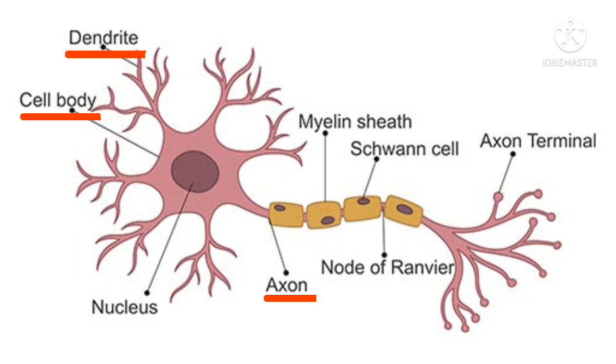It has a central nucleus and cytoplasm. The cytoplasm has large granular bodies called Nissl granules.